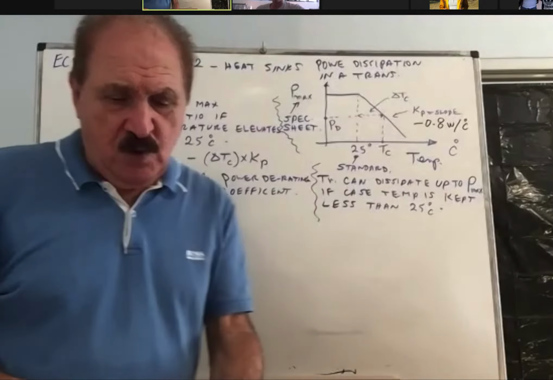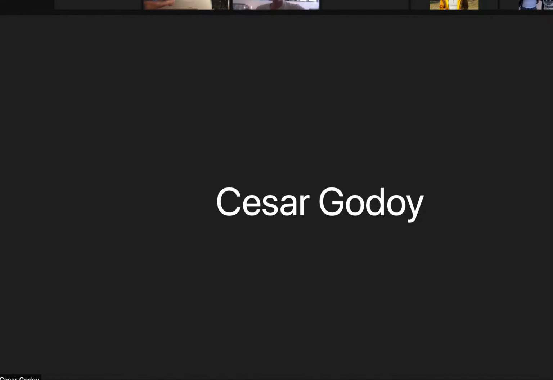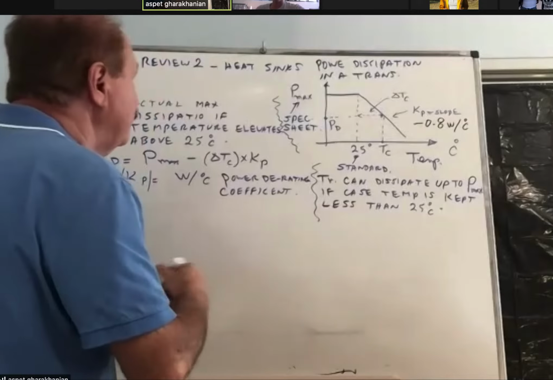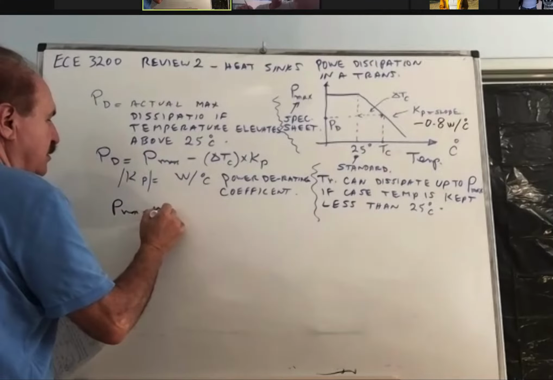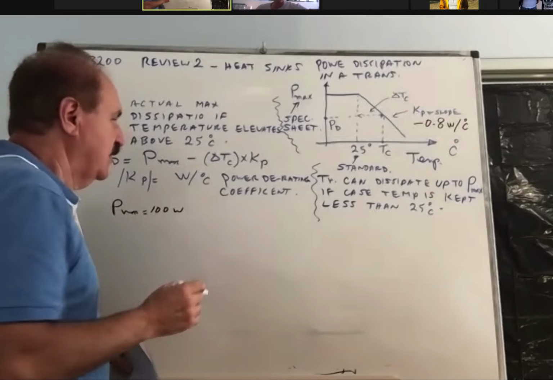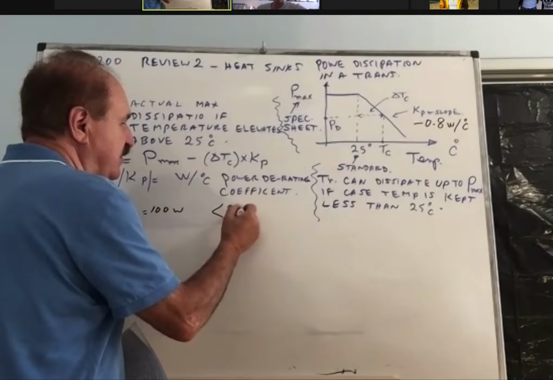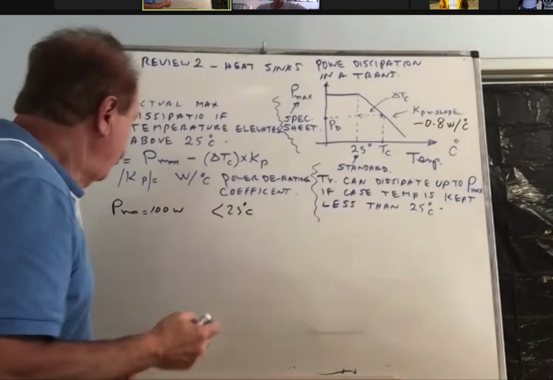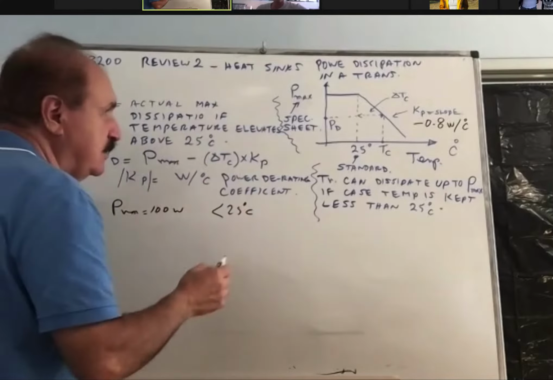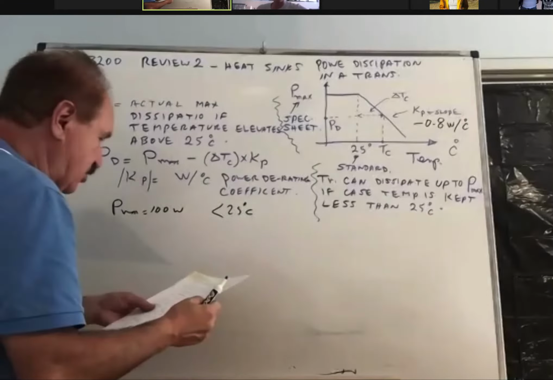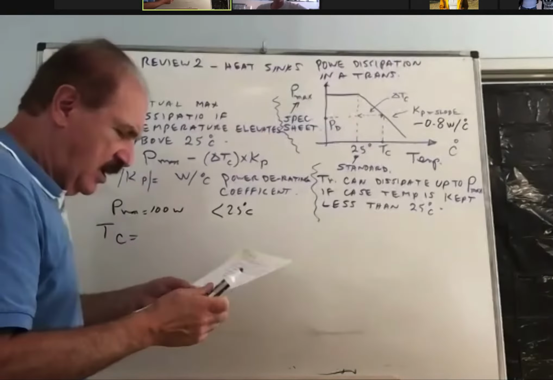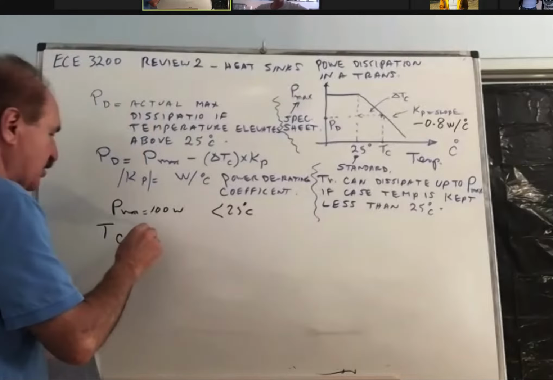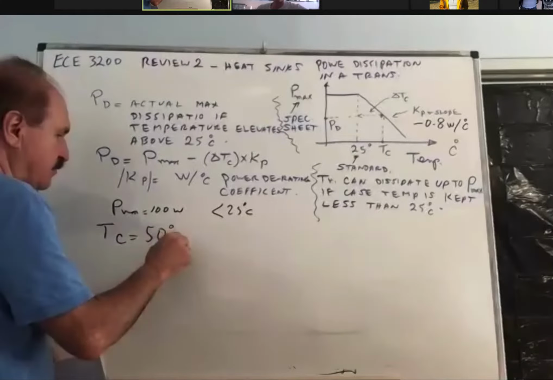So we are using that transistor. It's a 100 watt transistor. Pmax is 100 watt, okay, for less than 25 degrees Celsius. So we're using it in an application where the case temperature can go up to 50 degrees Celsius.